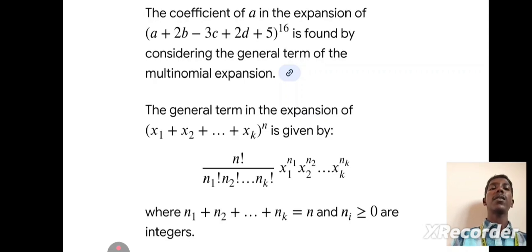The general term in the expansion of (x1 + x2 + ... + xk) whole power n is given by n factorial by n1 factorial into n2 factorial up to nk factorial into x1 power n1 into x2 power n2 up to xk power nk, where n1 + n2 + ... + nk equals n and each ni is greater than or equal to 0 and an integer.